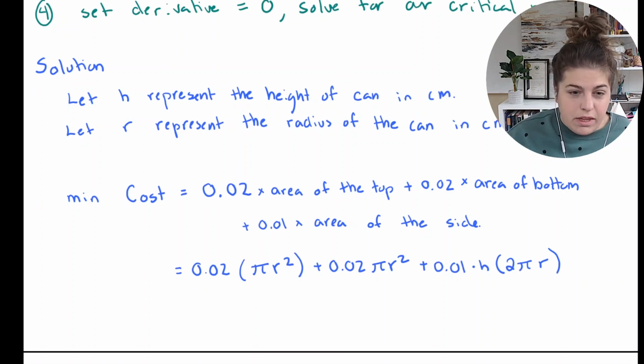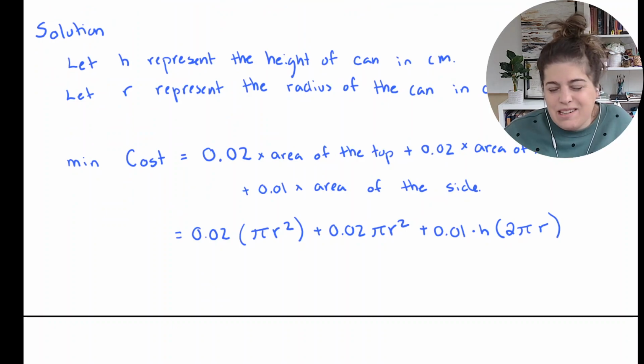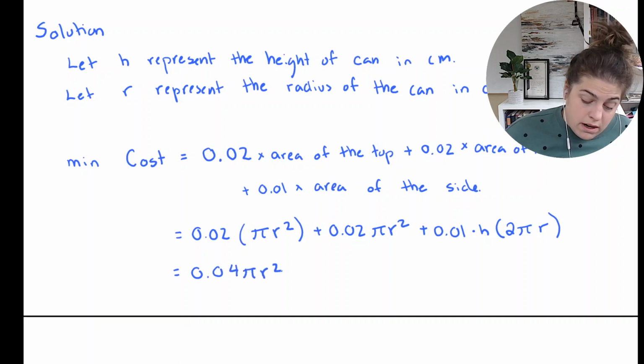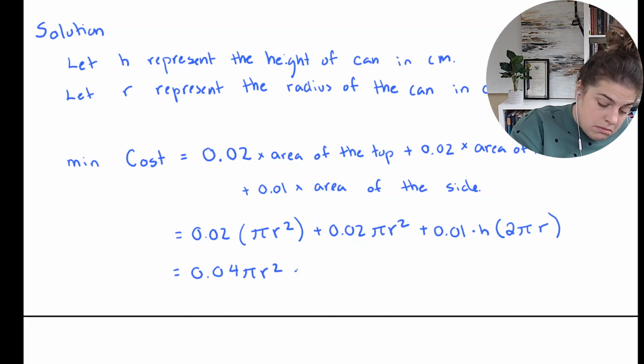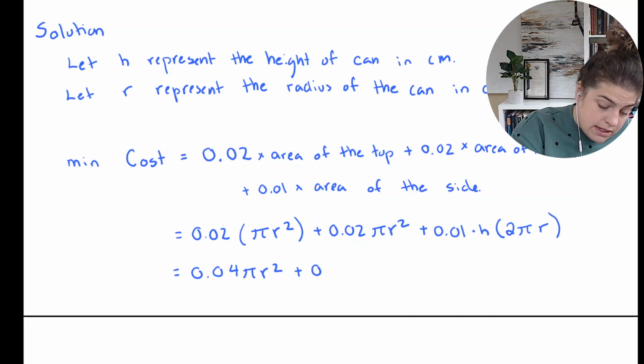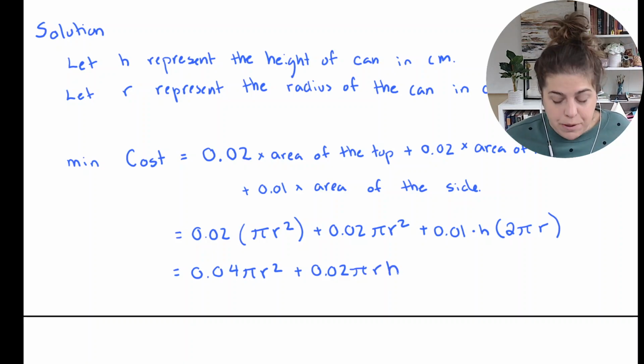Okay. And of course, we'd like to simplify this as much as possible. So we're going to have 0.04 times pi r squared plus 0.01 times 2 is going to give us 0.02 pi r times h there, okay?